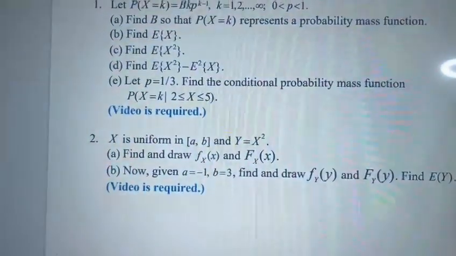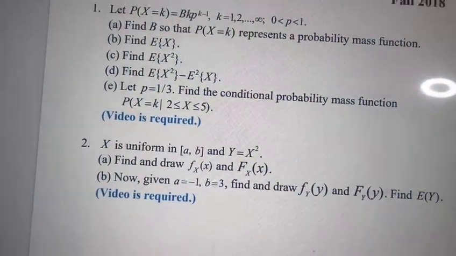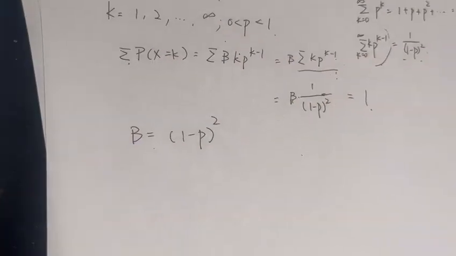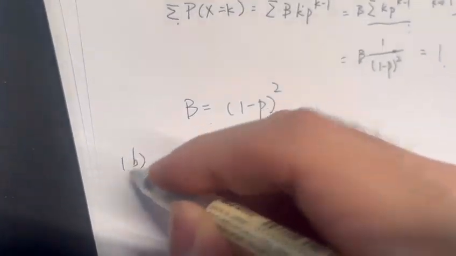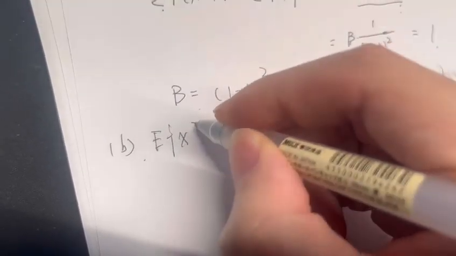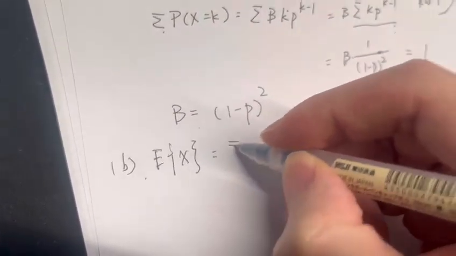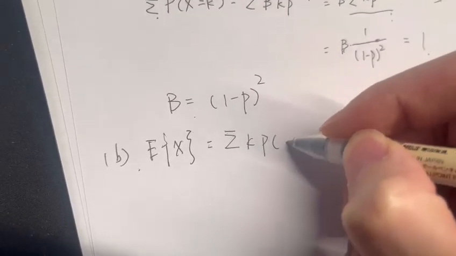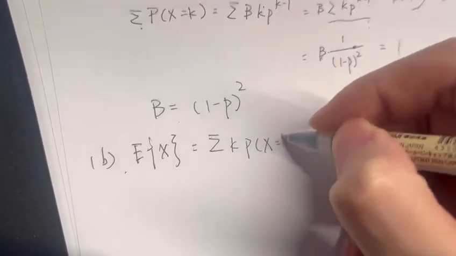The second question asks us to find the expected value for X. For this question, we have a formula for the expected value of X. It is equal to the summation of k times the probability of X equals k.